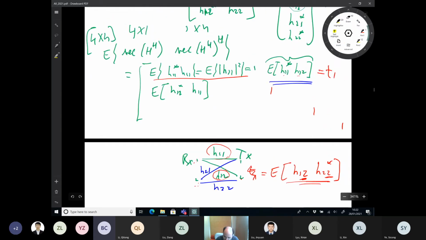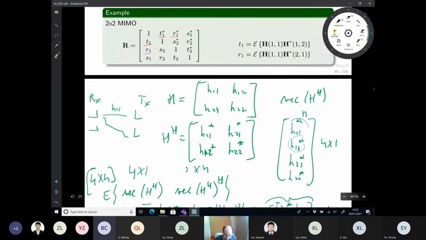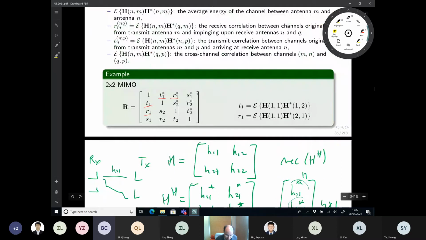This here is a receive correlation, because I'm looking at the correlation between those two antennas, 1 and 2, from transmit antenna 2. That's receive correlation 2.